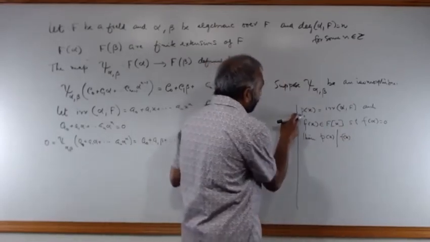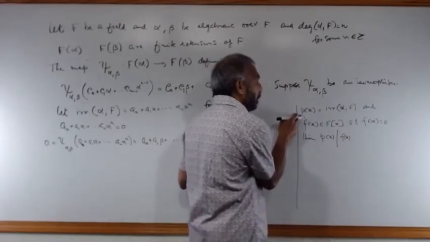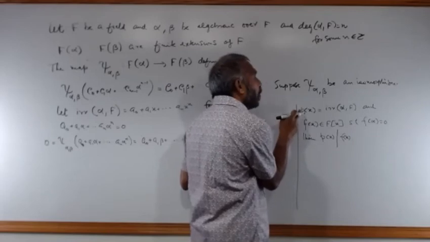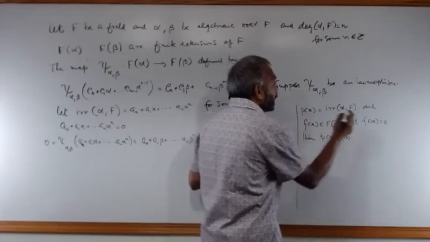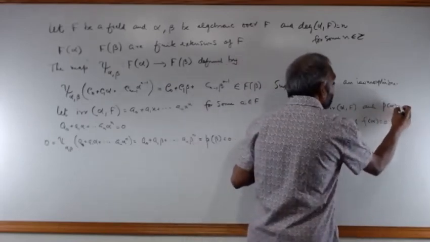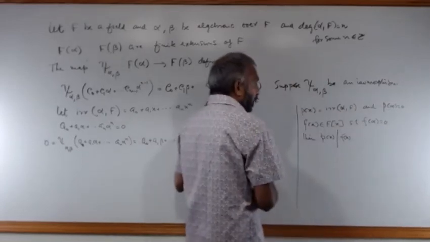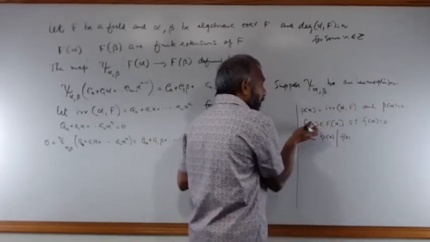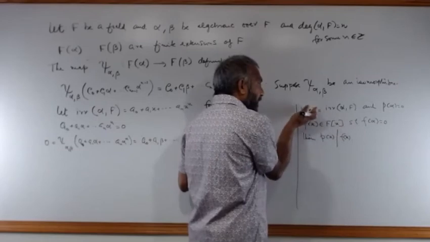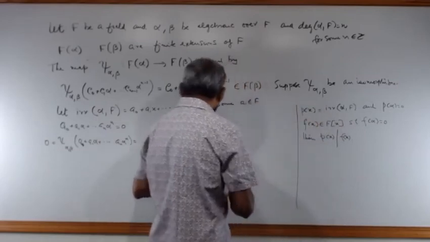Because this is the smallest polynomial, meaning a polynomial of lowest degree satisfying p of alpha is equal to 0. If you take any other polynomial in F[x], then this is a factor of this.